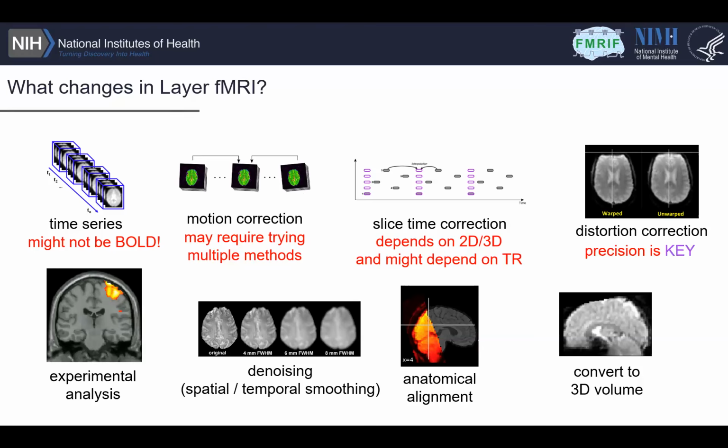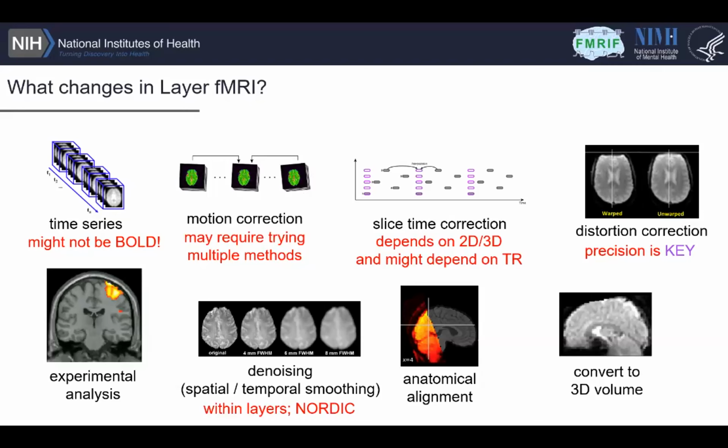With distortion correction, and we'll hear about this a little bit later, distortion precision, or the correction of distortion, is really, really key, because we're often moving through the layers, and therefore we're actually moving them in a way that we need to make sure is okay.